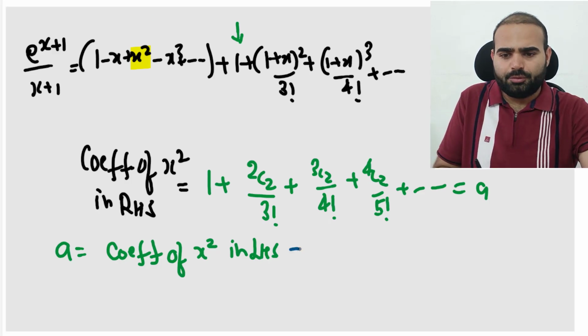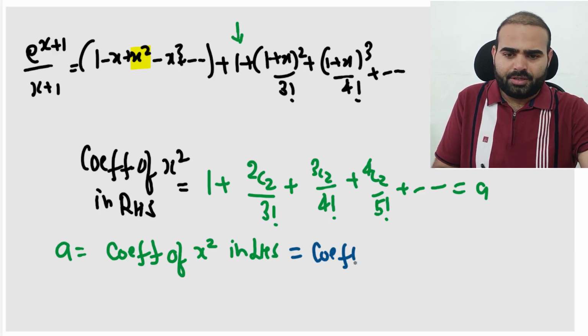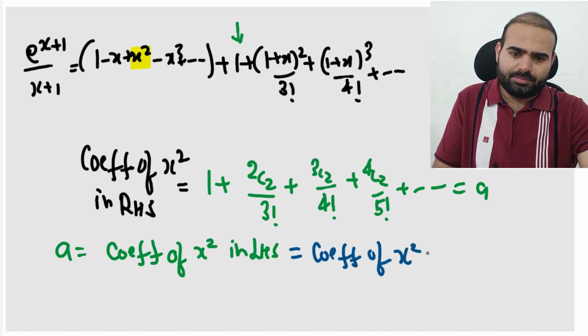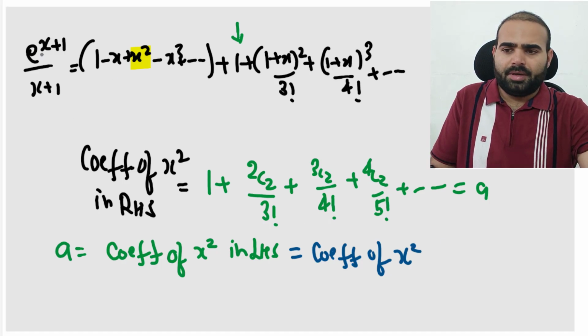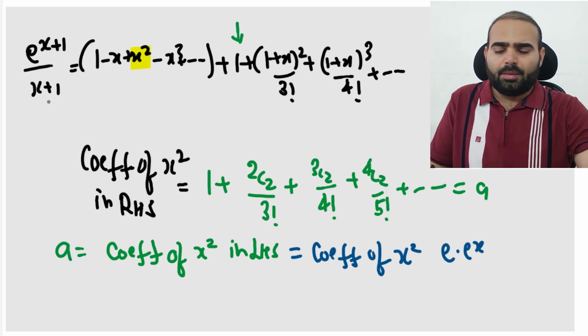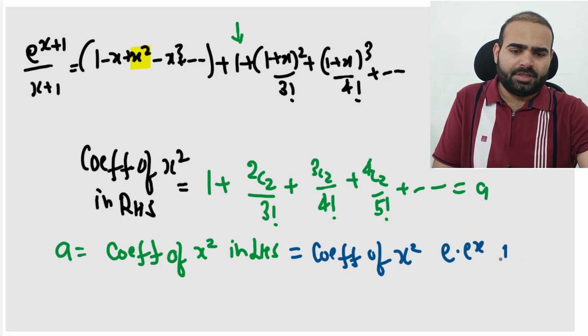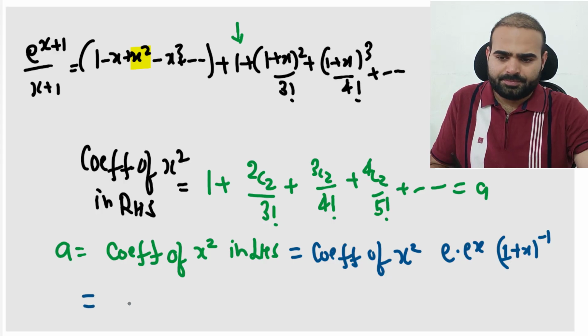So let's substitute the value. We just want the coefficient of x square in LHS. What is the LHS? This is e power x plus 1, that can be written as e into e power x, and 1 upon 1 plus x can be written as 1 plus x power minus 1. Now let's get the answer.